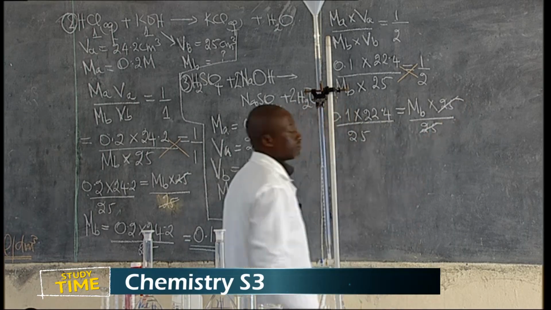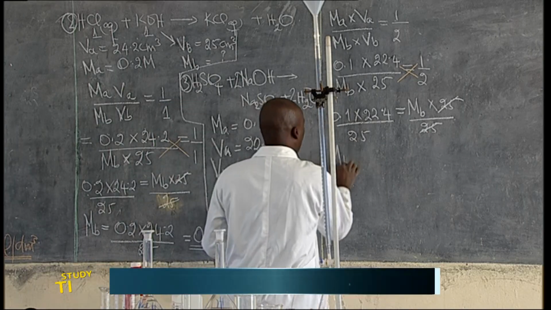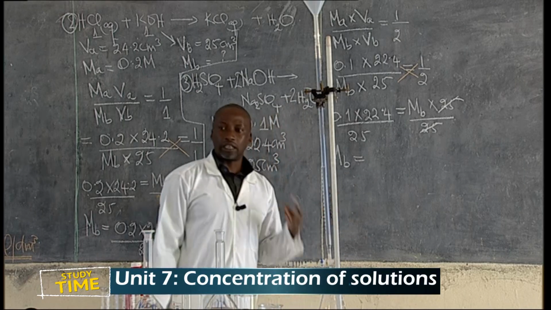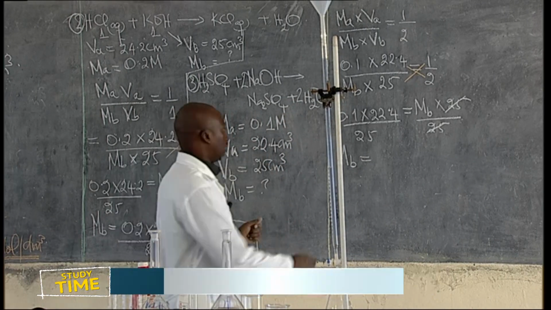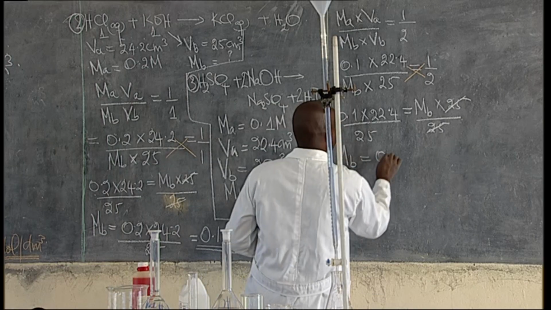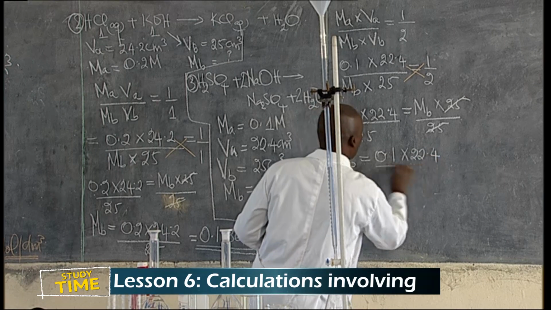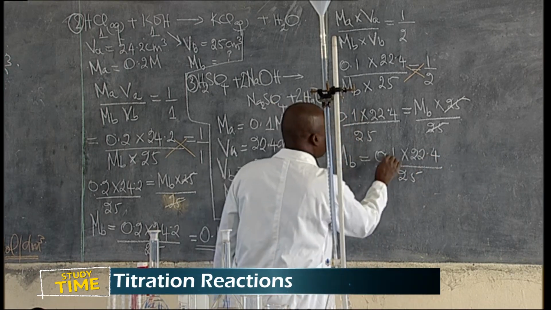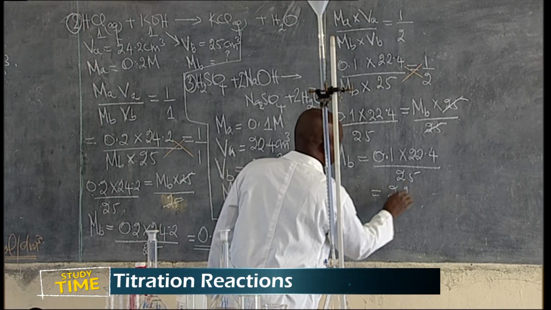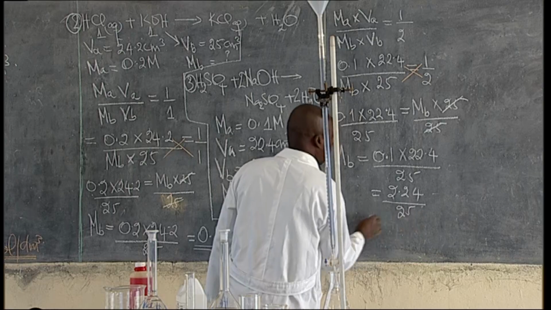These 25s go. And then you remain with MB. That is the molarity of the base. What is that base? Sodium hydroxide. So you have 0.1 times 22.4 over 25. This is the same as 2.24 divided by 25.